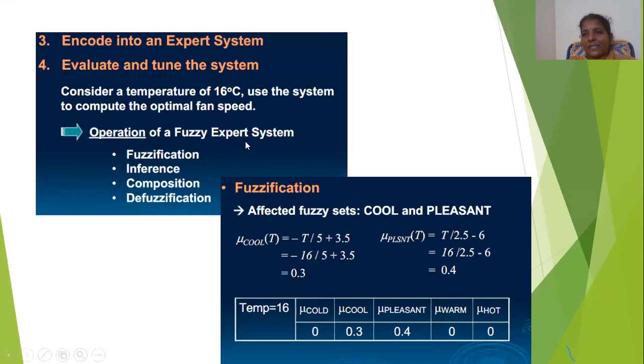Considering a temperature of 16 degrees centigrade, use the system to compute the optimal fan speed. So your fuzzification, inference, composition and defuzzification. In fuzzification, the affected fuzzy sets are cool and pleasant. The fuzzy linguistic values pertaining to cool and pleasant are 0.3 and 0.4 for the temperature of 16 degrees centigrade.